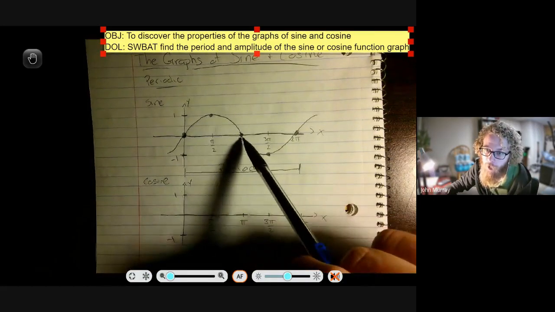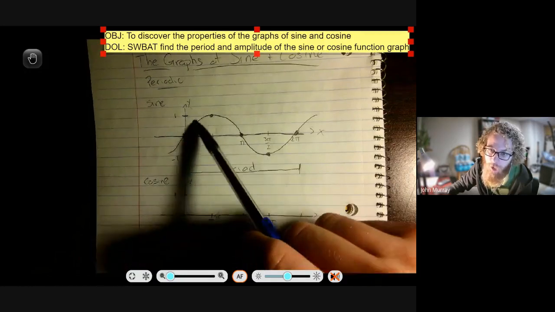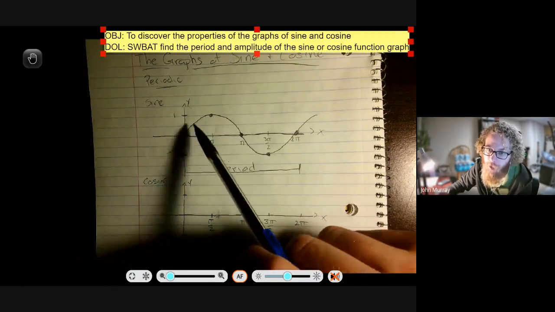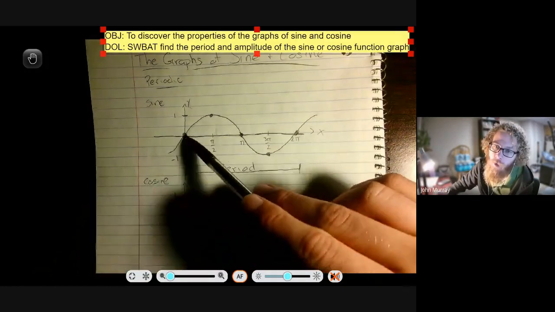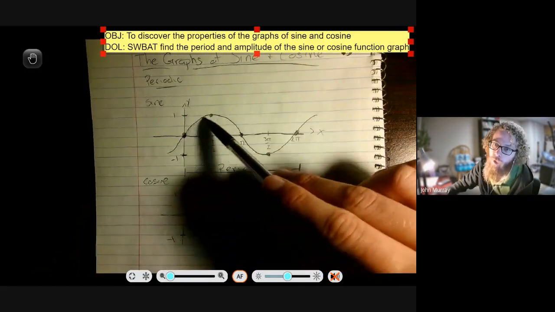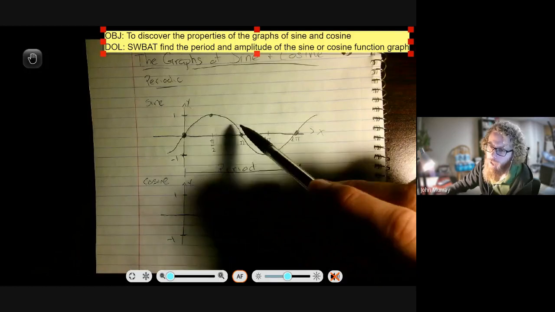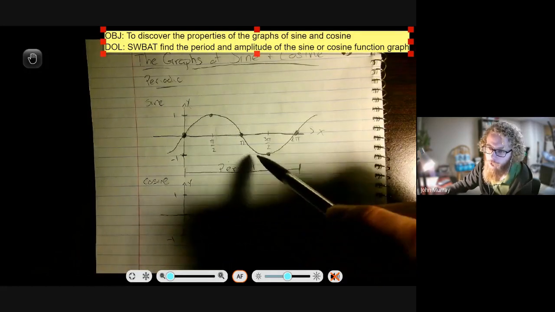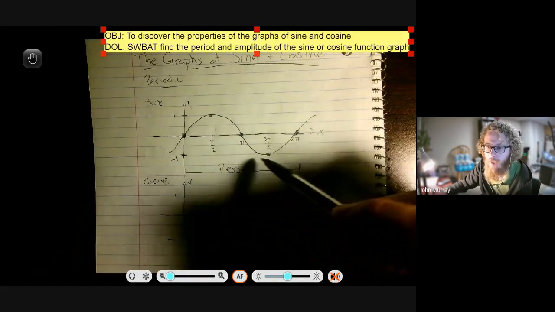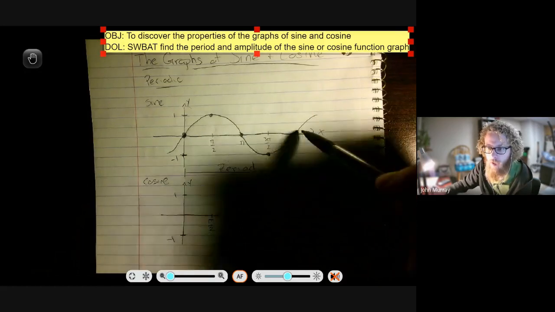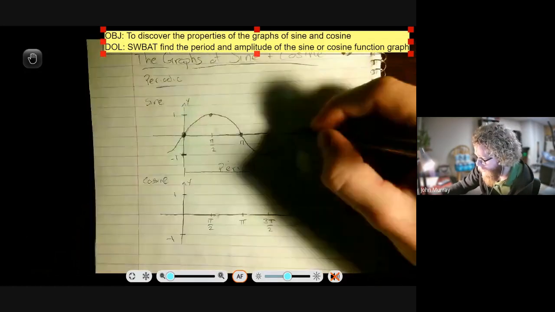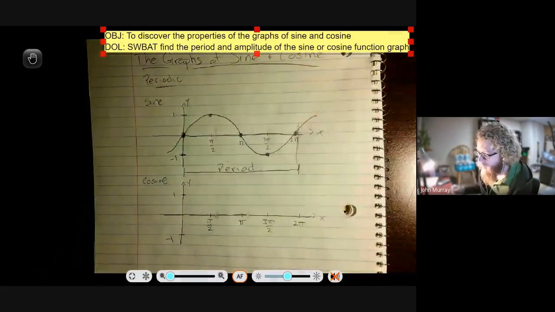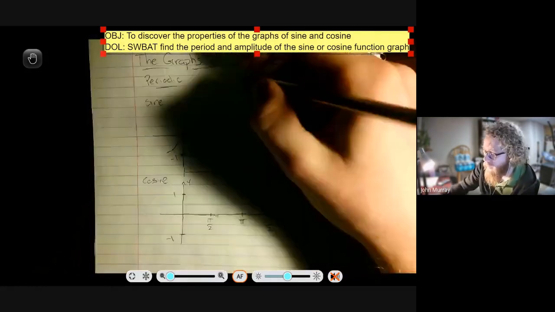Even though I come up and return to 0 here, this isn't one period because I didn't go through the whole motion. I didn't go through all of my values. It has to do one crest and then a valley, when it dips like this, and then it returns back to 0. So from 0 to 360, we have one period.